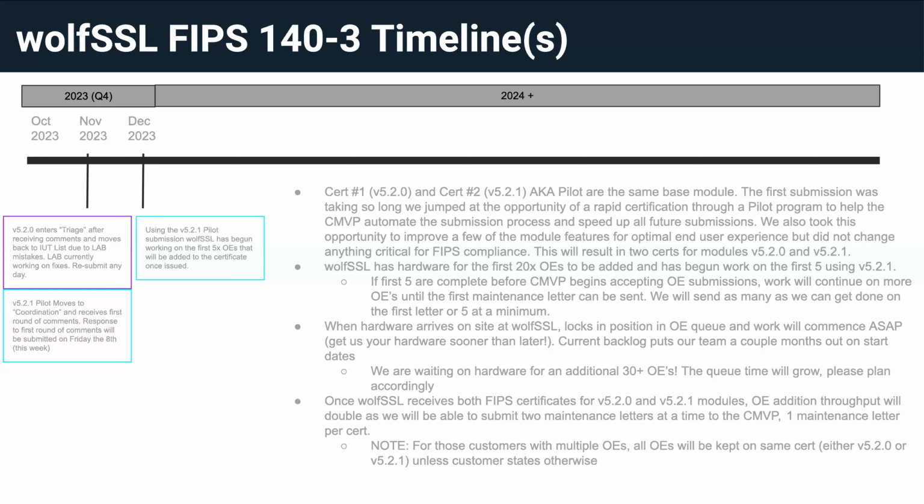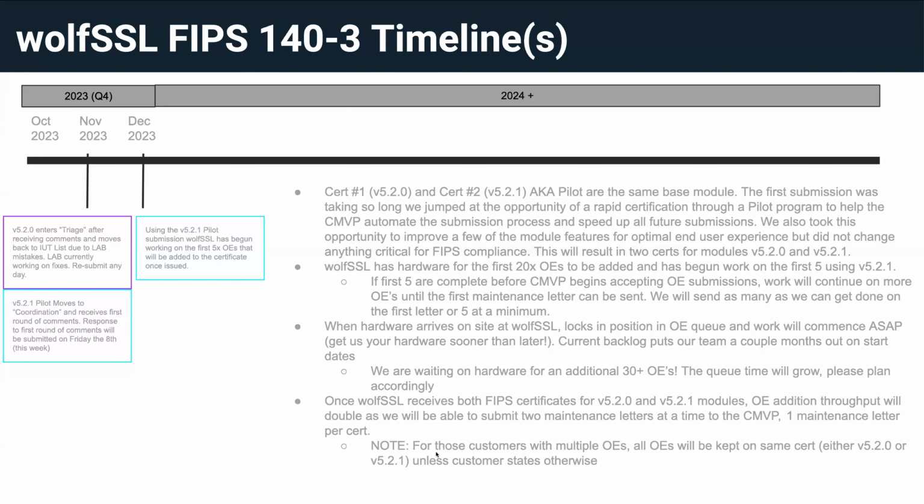So with 2 active certs, what I'll be able to do is submit a maintenance letter on one of the certs and then do some more OE testing and submit a second maintenance letter without having to wait for that first one to clear. They'll just go on separate certificates, but it's the same module underneath minus the debug statement improvements.